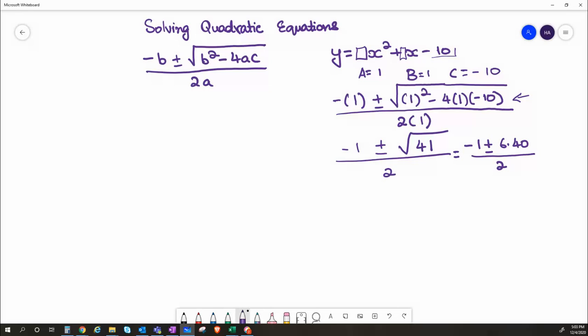So this is the final answer, but you can also simplify it by splitting it into two different ways. One is the positive and one is the negative. So positive is negative 1 plus 6.40 over 2, which is 2.7, and negative 1 minus 6.40 over 2 equals negative 3.7.